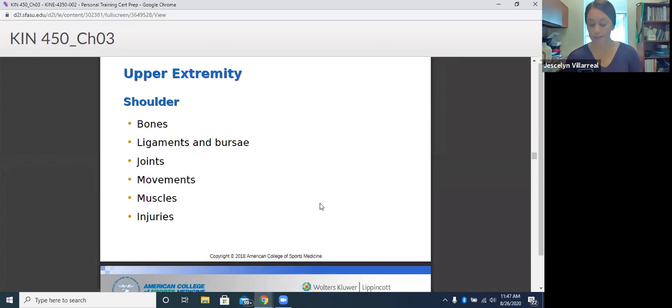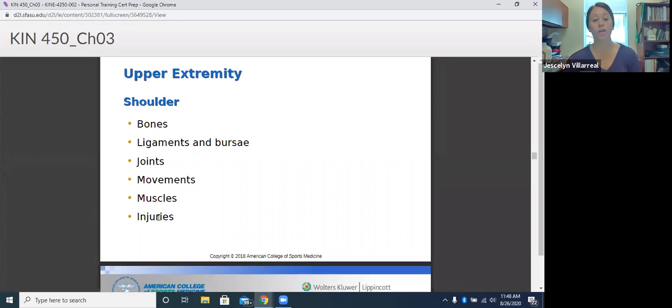The shoulder is a ball and socket joint, which means it's hypermobile and not very stable. The bones in the shoulder provide little support, so it's important to stabilize the muscles with ligaments and joint capsules, and we need to strengthen those muscles with safe movement to avoid injury.